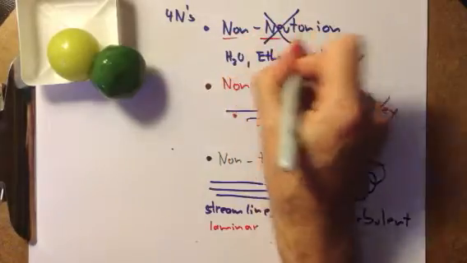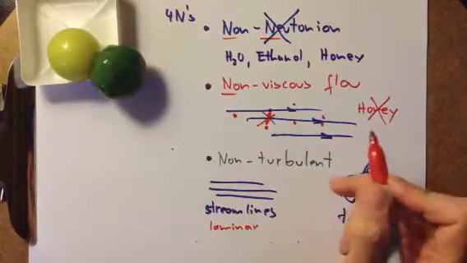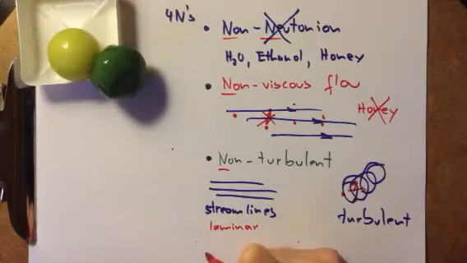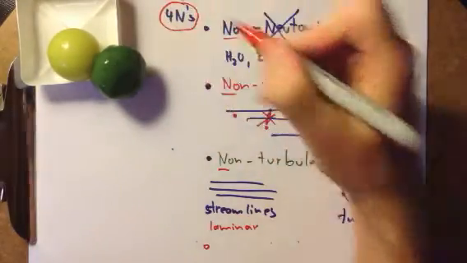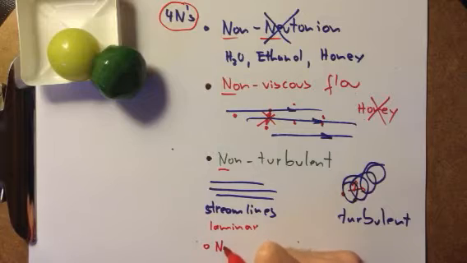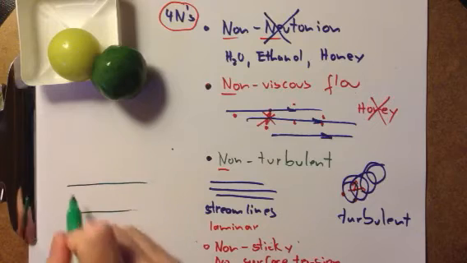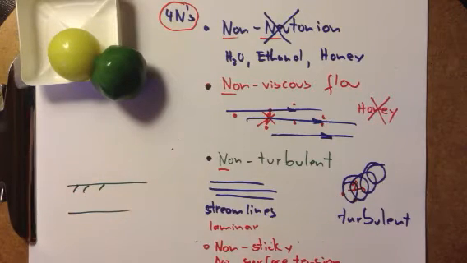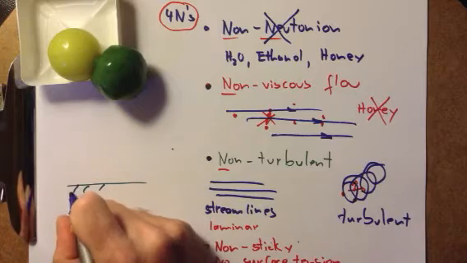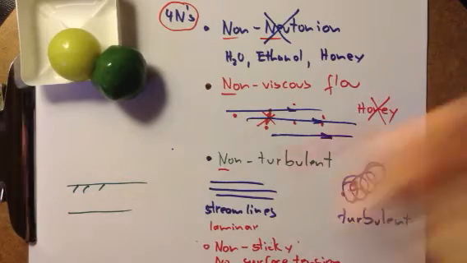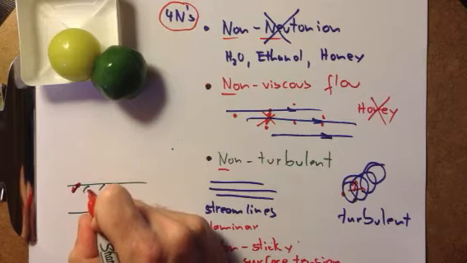So there must be one n left. We've got 2 in here, the formal number 2 there, the formal number 3 there. We need one more n. What is the last one? We want non-sticky, or no surface tension. We don't want the fluid to stick to the walls. This is our tube. We don't want interaction, or at least not much interaction, between those molecules and the walls.